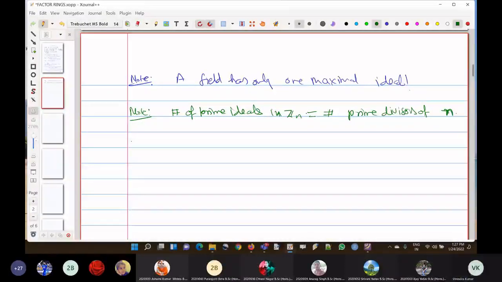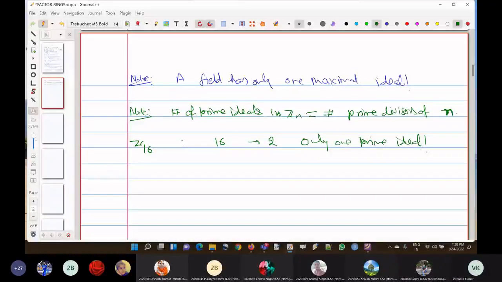Okay. So suppose you have been given Z16. In Z16, the prime divisors of 16 are, what are they? 2. Okay, so only one prime ideal.